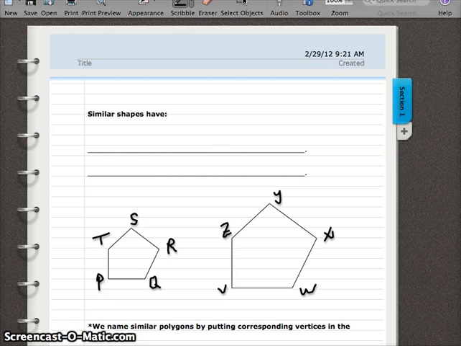So when we're dealing with similar shapes, they are similar. And this is like a vocab word. It's not congruent, it's not the same, but we can say they're similar if two things are true. One is that corresponding angles are congruent, so the same exact measurement.